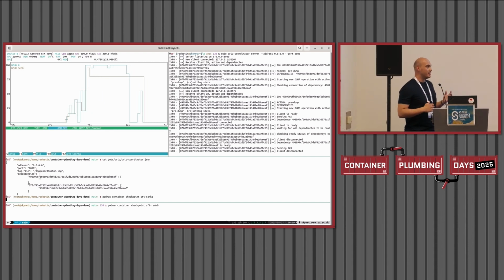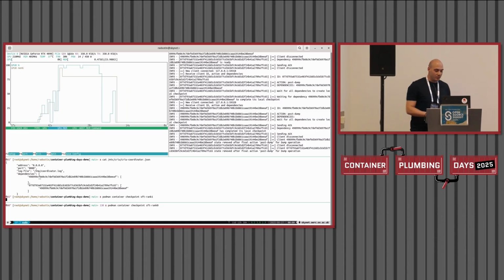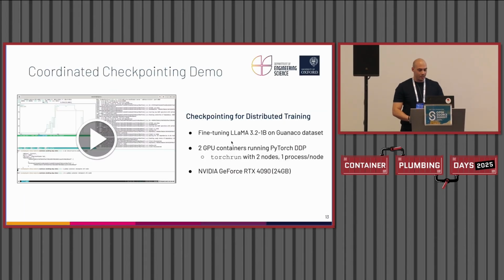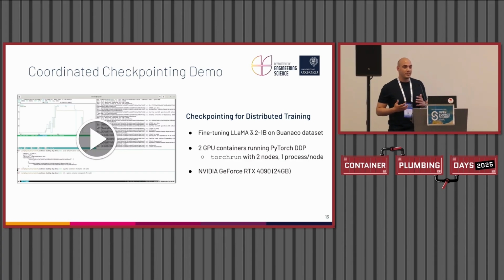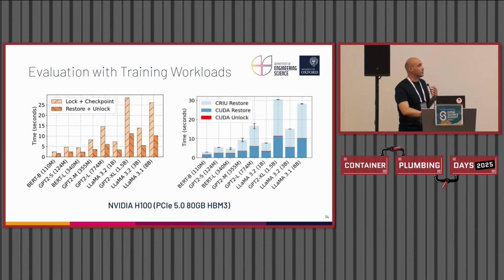The server side performs the synchronization of different operations, as you can see on the top side. But essentially, it's how we can enable transparent checkpoint restore of distributed workloads in GPU clusters.